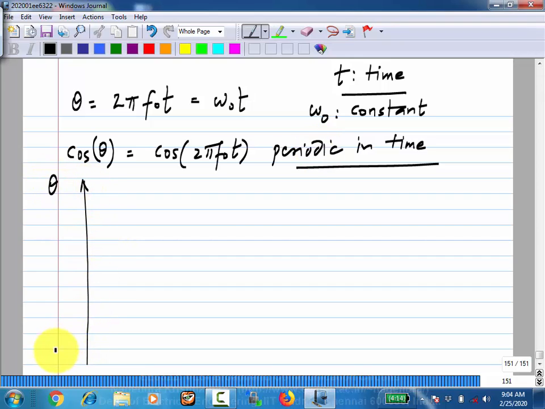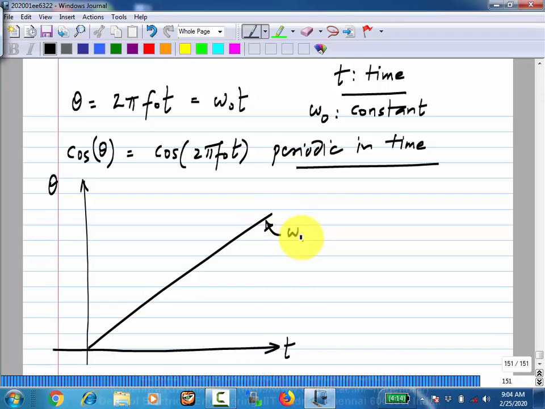So let me plot theta versus t, and this means that I have some slope and the slope is omega naught.